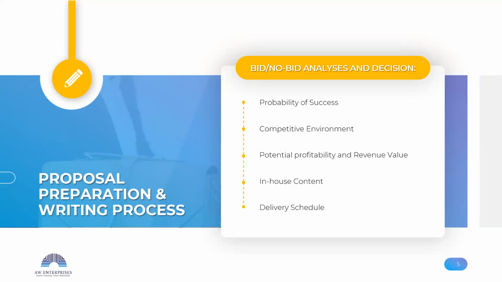The government has to respond to every question asked. So a lot of times the government will extend the due date. But if that timeline is very short for you and you don't have the bandwidth at the time to actually put a compliant proposal out, then you should think twice about pursuing that particular bid.